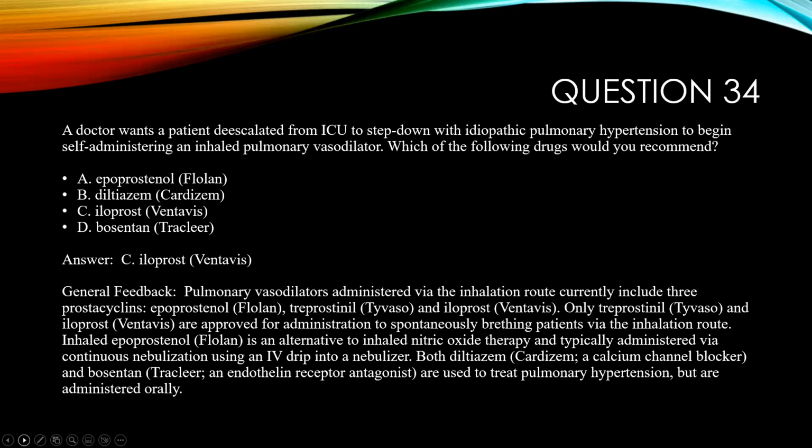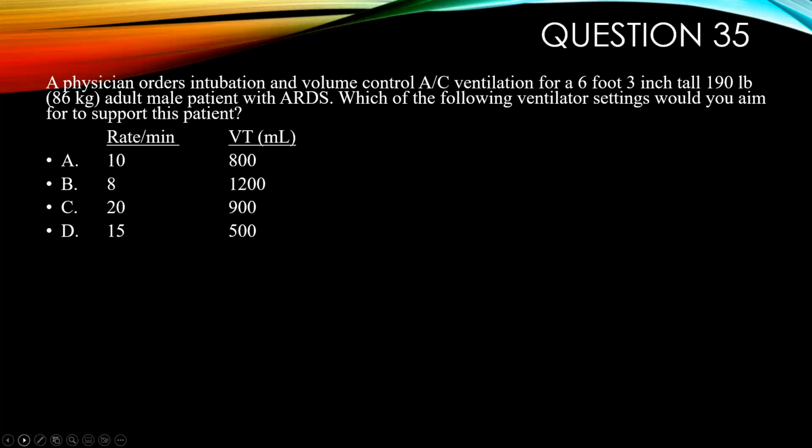Inhaled Flolan or epoprostenol is an alternative to inhaled nitric oxide therapy and typically administered by continuous nebulization using an IV drip into the nebulizer. Both Cardizem, a calcium channel blocker used to treat certain dysrhythmias, and Tracleer, an endothelin receptor antagonist, are used to treat pulmonary hypertension, but are administered orally, so they're not administered via the inhalation route.